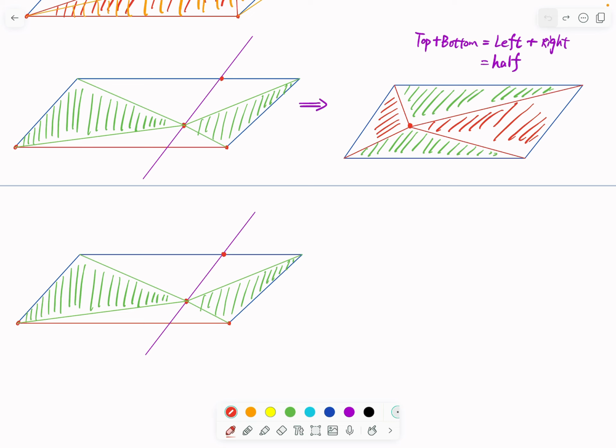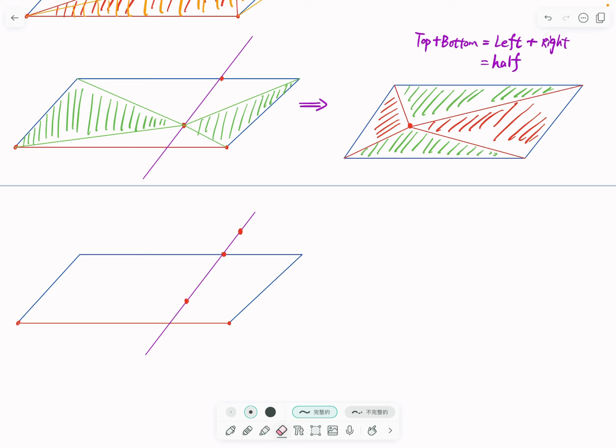Is it okay? Yes. If I move the point to here, now there is no more green part. Let me clean it. If I move to the top, you can find I can still connect this part. I connect to four vertices, like here.